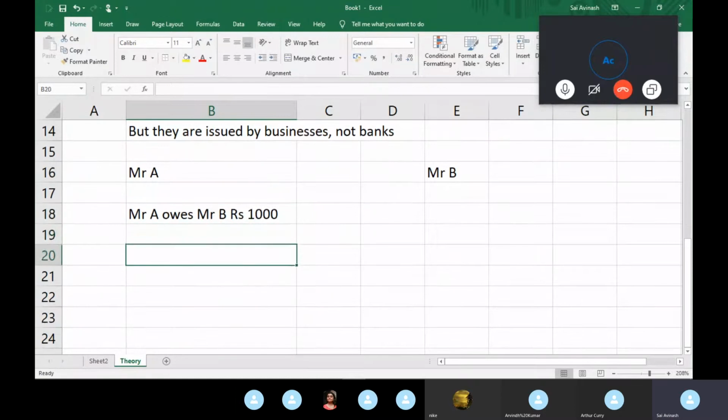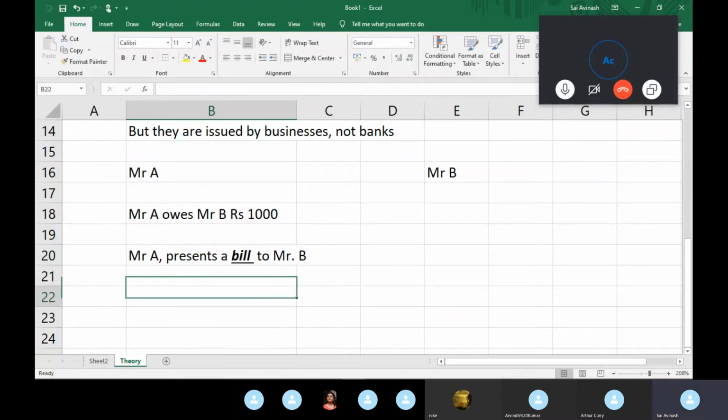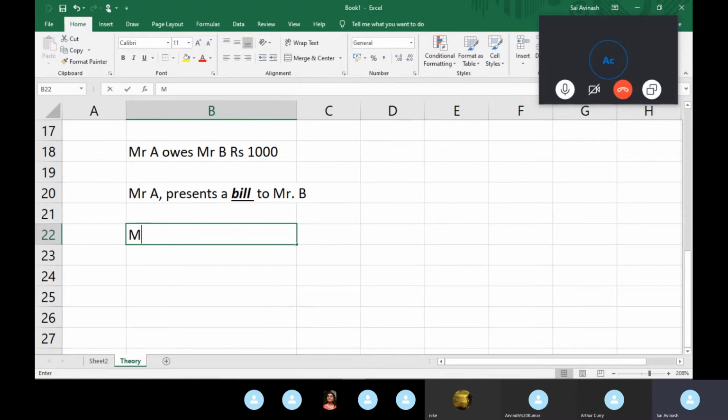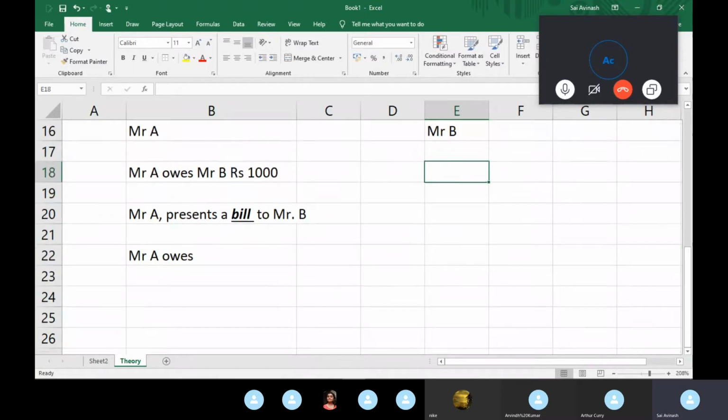So what Mr. A does is, Mr. A presents a bill, and this bill is a technical term, to Mr. B. So let's put it this way: Mr. A owes, right, and Mr. B has the right to receive.